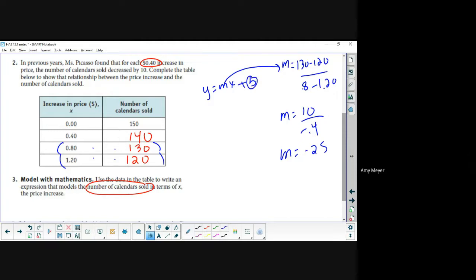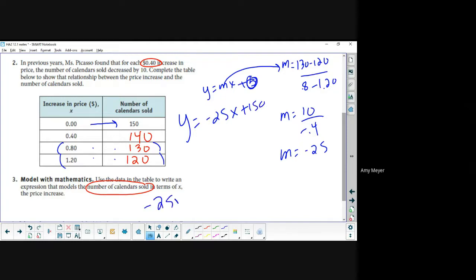No, because they already have it. It's right here. When x is 0, that's your y-intercept, so 150. If we didn't have that, we could plug in a point, an x and a y, and our only unknown would be this, so we could find it, but we've already got it. So we have a slope of negative 25 and a y-intercept of 150.